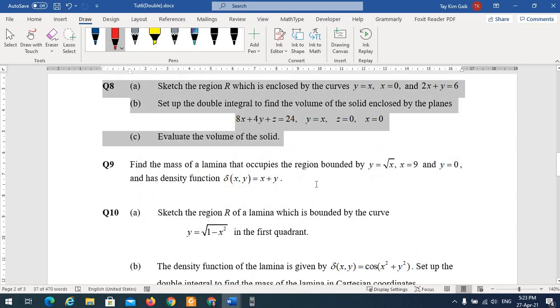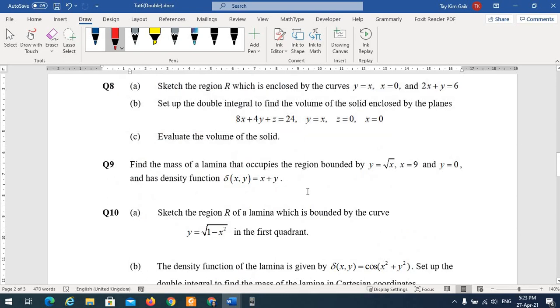So this is question 8, and then question 9. Okay, mass. I think I can teach mass. For double integral, you can find area, volume, surface area, and also the mass.